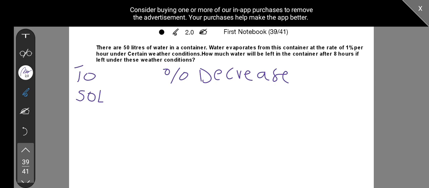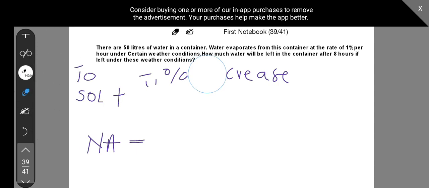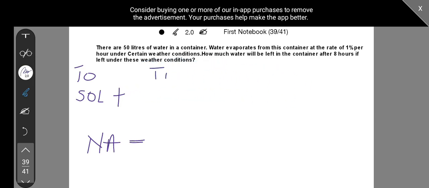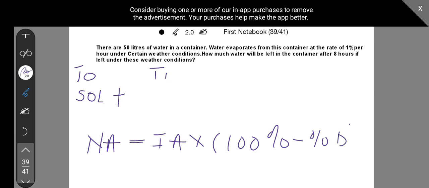To get the new amount at T1, after the first hour, we're going to do what we have done in the last example. You can work that separately and then plug it in at T1. So here we're going to have T1, and the new amount is equal to the initial amount multiplied by 100% minus the percentage decrease.